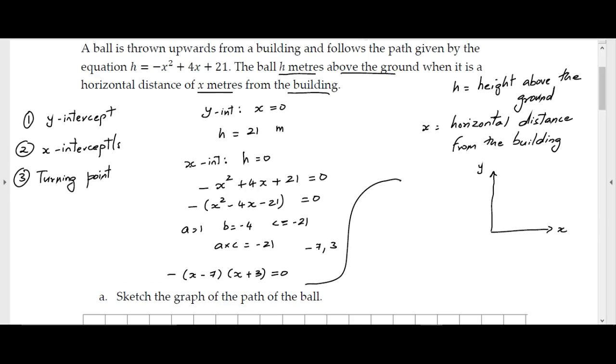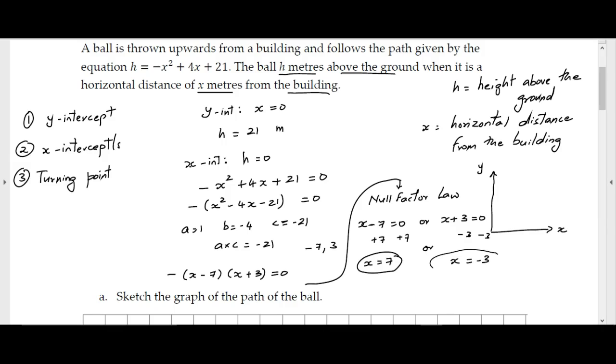Now applying our null factor law, when we multiply two different brackets and the answer is 0, the possibilities are x take away 7 equals 0 or x plus 3 equals 0. Now solving these two equations, I get the values for x as a positive 7 or minus 3.